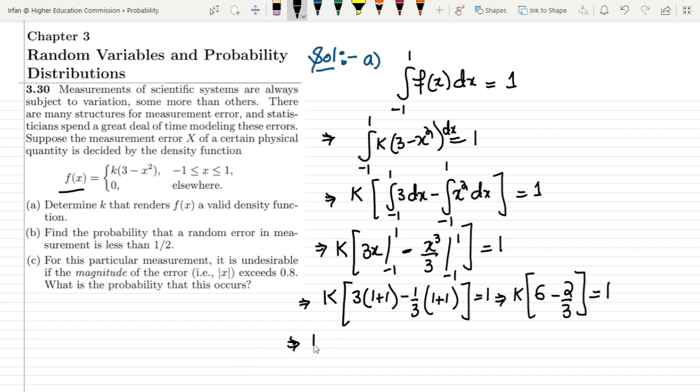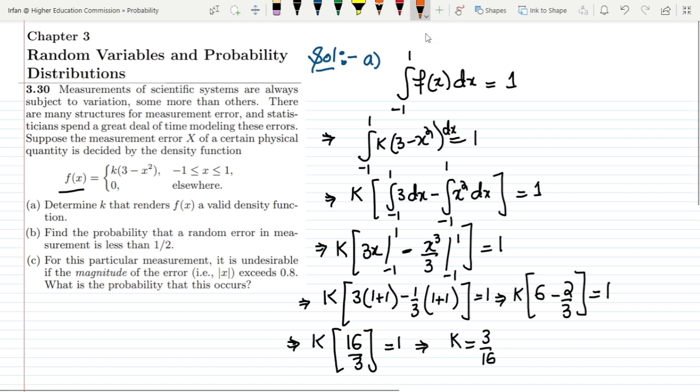Let me simplify it further: 18 minus 2 is 16, so 16 divided by 3, and this times k is equal to 1. Ultimately it gives me the value of k, which is 3 by 16, and that is the answer of part A of my question, that the value of k is 3 by 16. So we have done part A of our question.